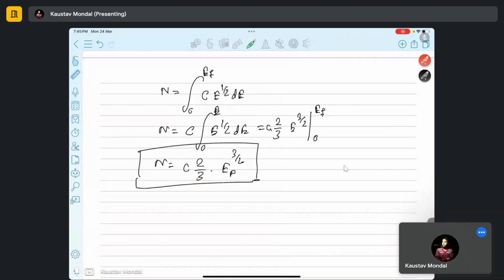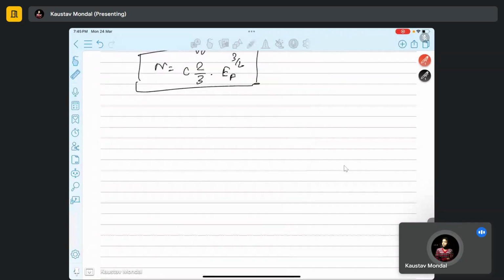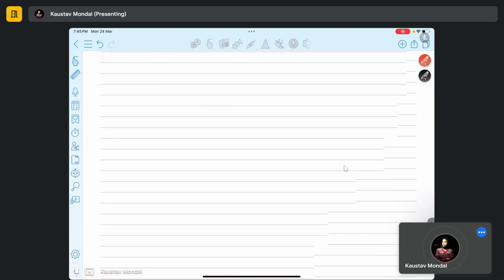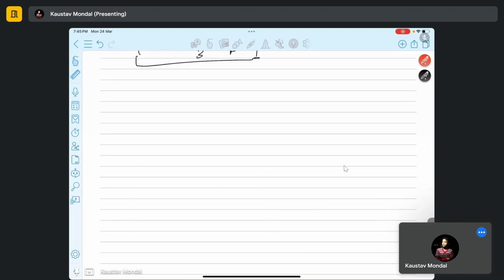Problem number 5 is slightly different. It's similar to problem number 4, but slightly different.